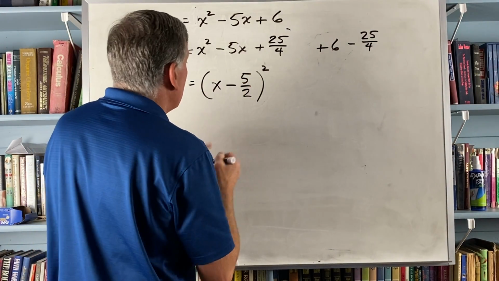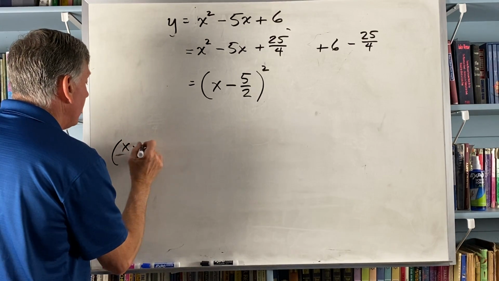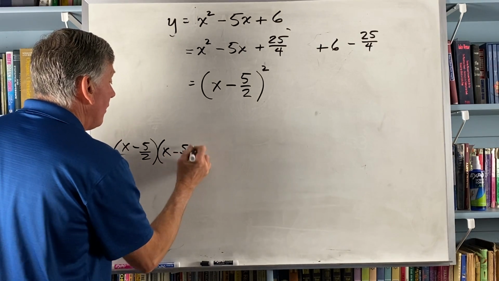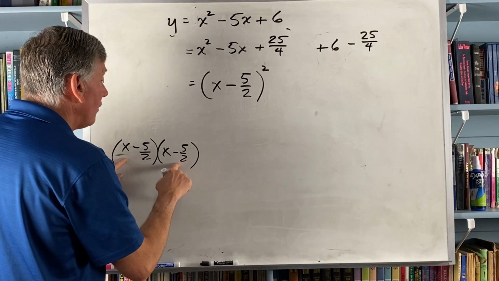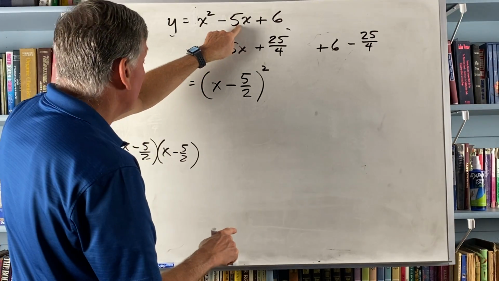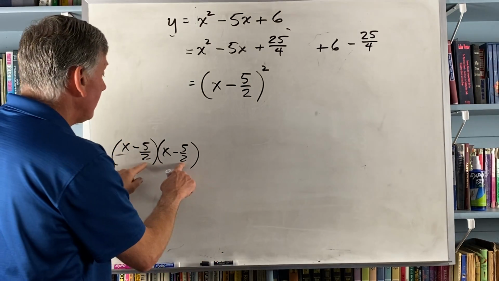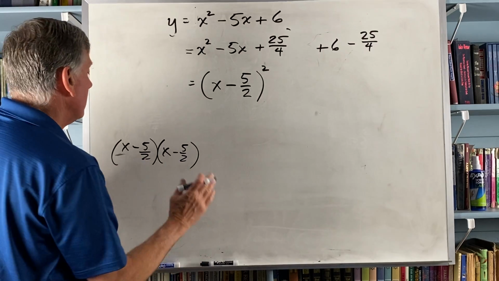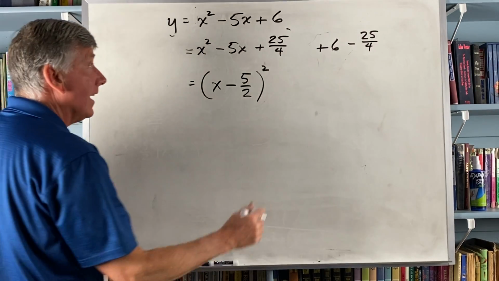If you think about it, x minus 5 halves is x minus 5 halves times x minus 5 halves, x squared minus 5 halves x minus 5 halves x gives me minus 5x. And then this guy here is 25/4 when I multiply it. All that to say is that that's what I get.